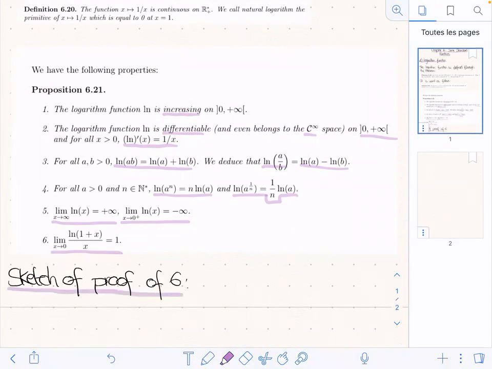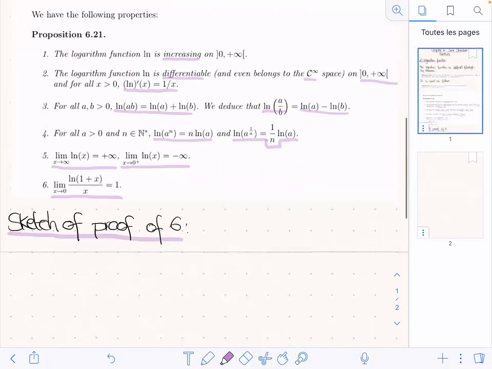Okay, so the key point is something that's proven in an example in your notes.